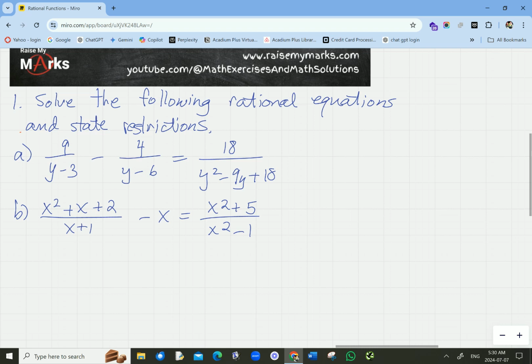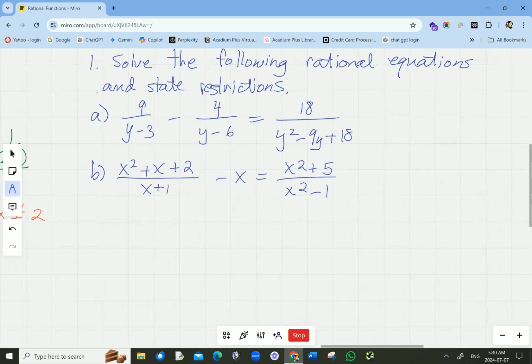Unfortunately, the denominators are not the same, so we can't just subtract the numerators. So why don't we try and simplify the left-hand side first? Actually, let's do it down here. It's easier.